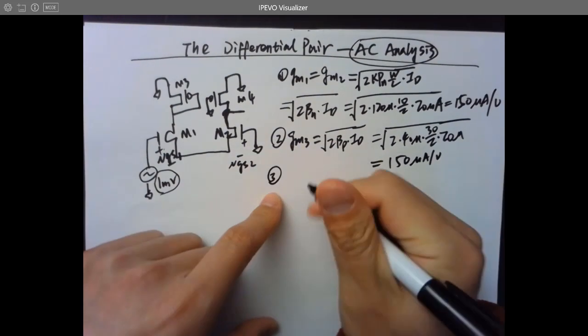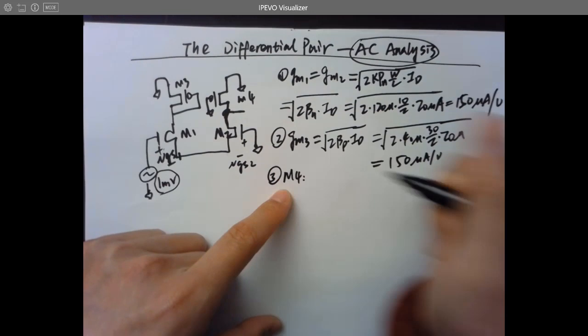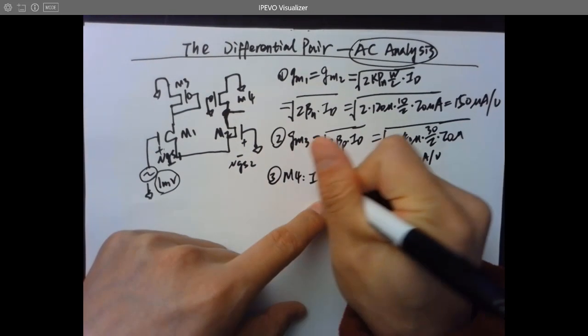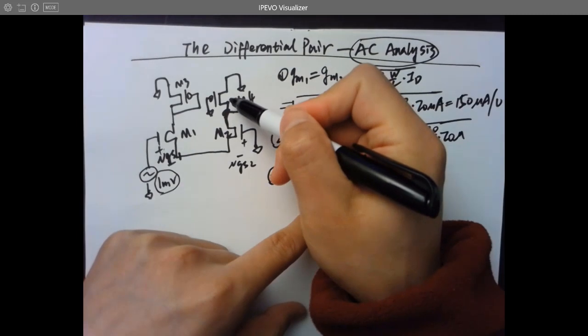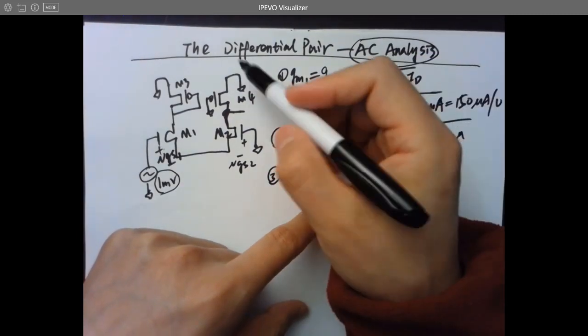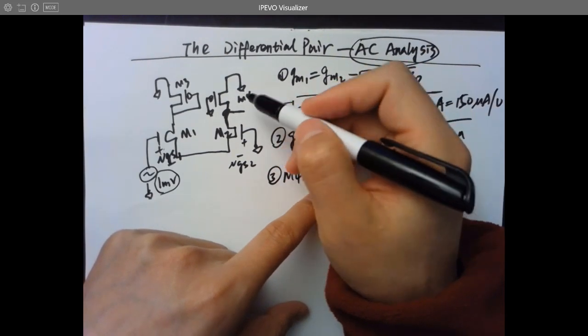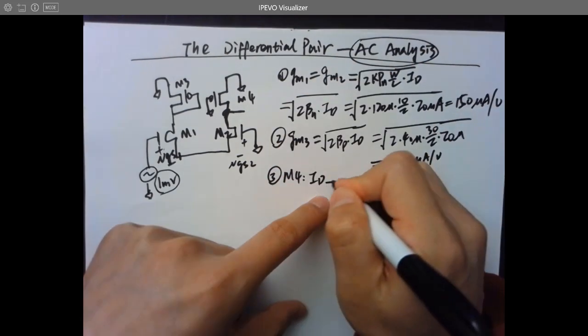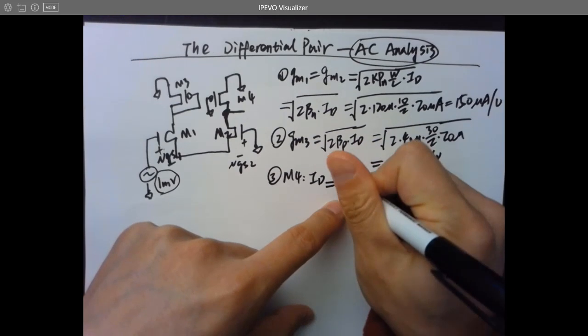For the third one, you want to calculate the parameters for M4. What is ID? M4 is in the triode region. It's in the linear or triode region, either name works. It's not in saturation. So the equation for ID is different.